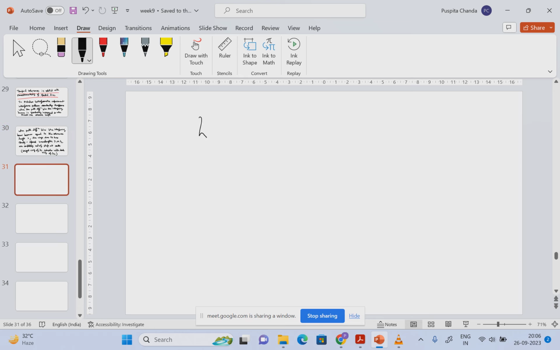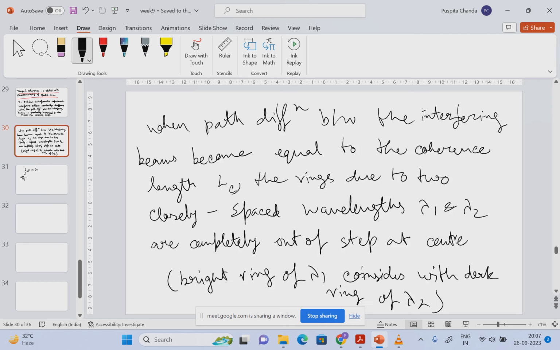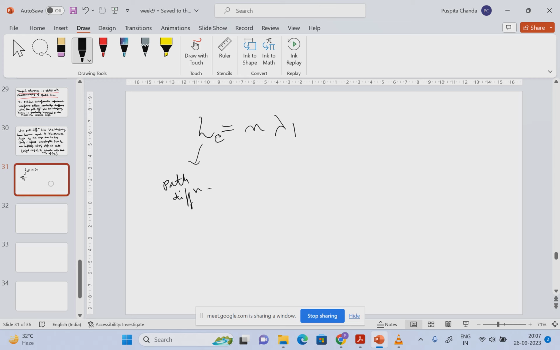Then we can write L, which is the path difference or coherence length, equal to n lambda 1, and also equal to n plus half into lambda 2.